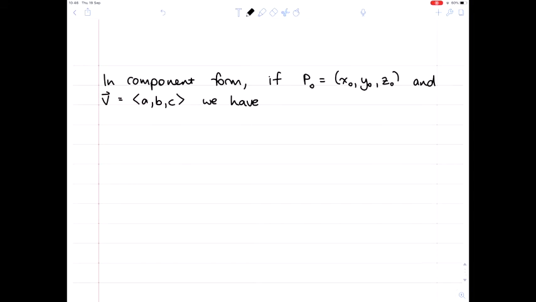If we want to think about this in component form, if our point P naught has components x naught, y naught, and z naught, and our direction vector v has components a, b, c, then we would write the equation of the line in vector form: x, y, z is equal to x naught, y naught, z naught, so that's our position, plus some scalar multiple of the direction vector.